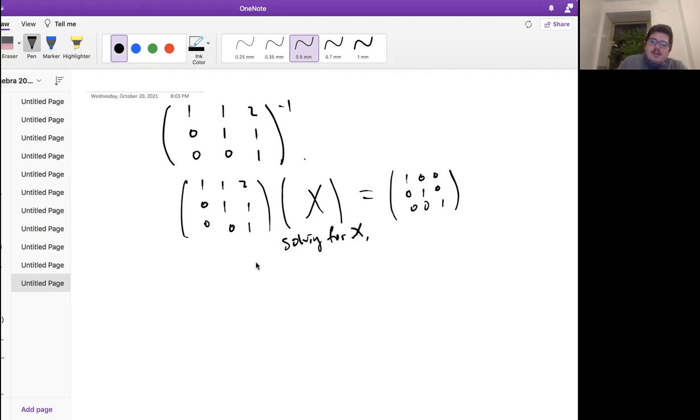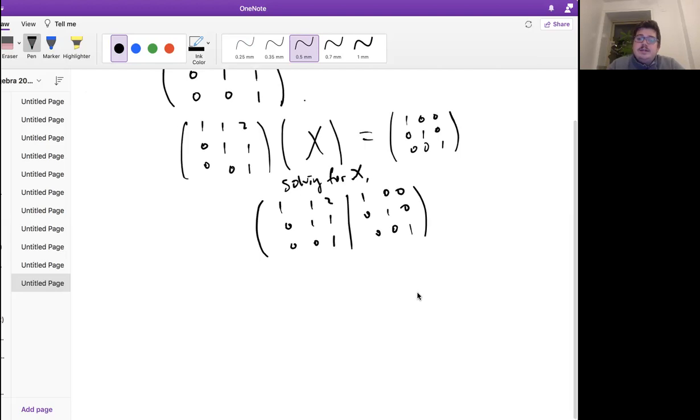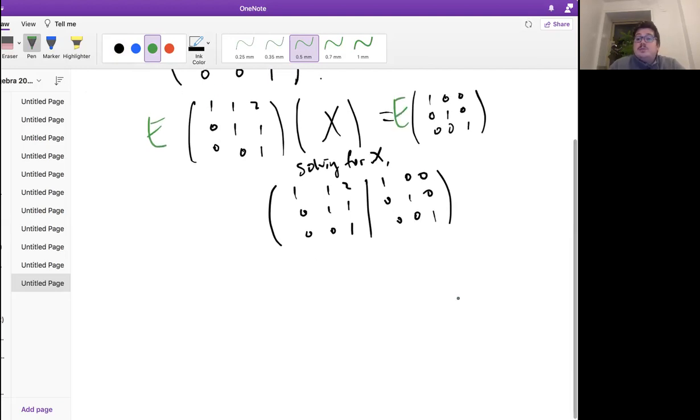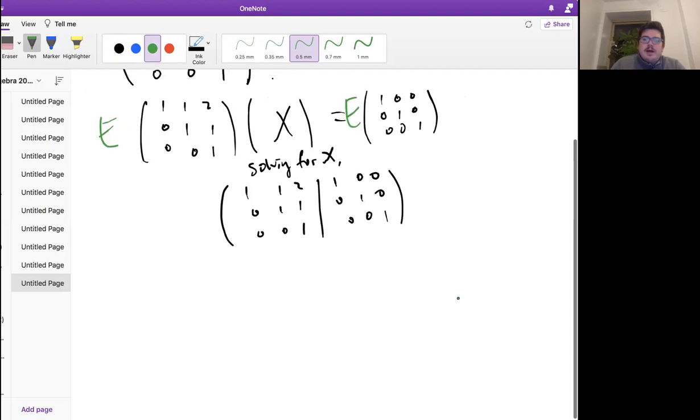So we can make an augment, to make life a little easier. And at every point when we're multiplying by an elementary matrix, we keep track by doing row operations on both matrices.